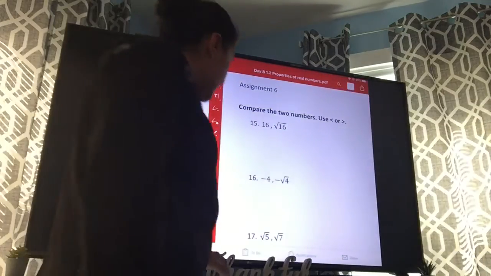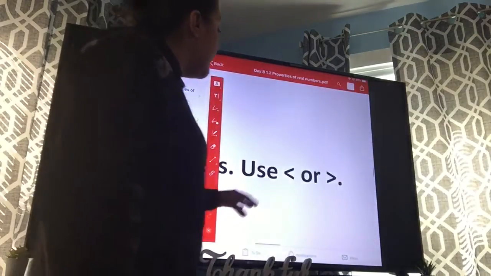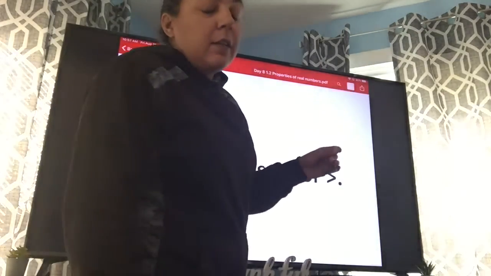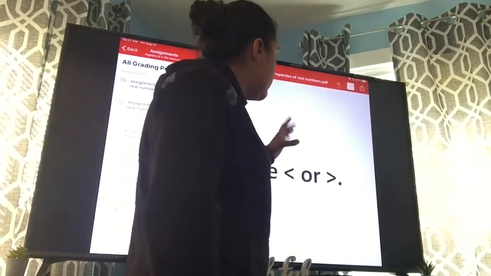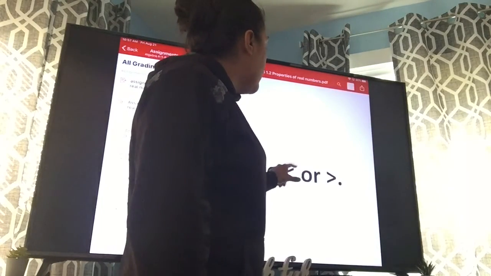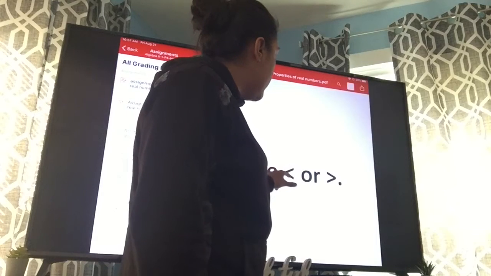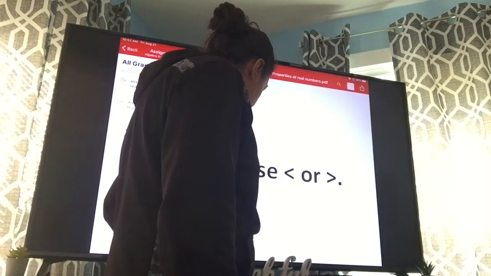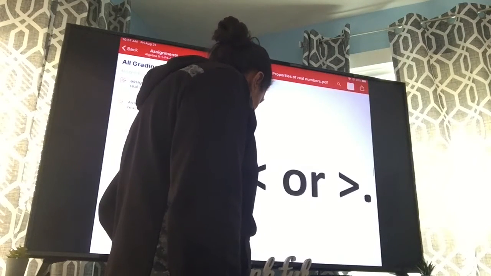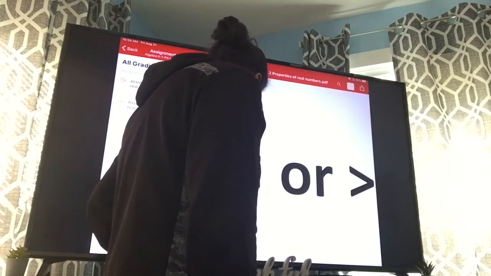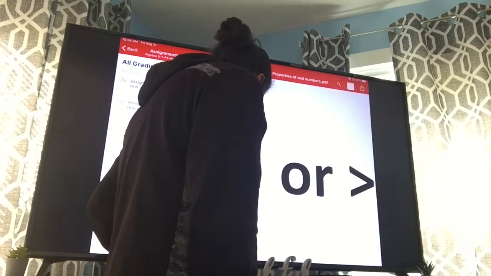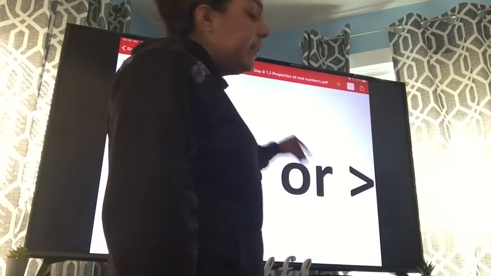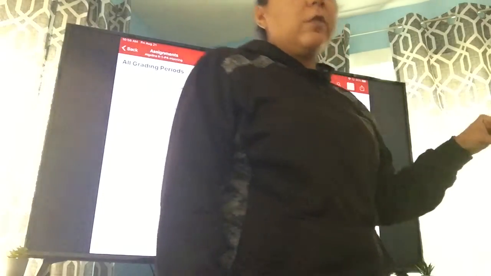For those of you that don't know the symbols, this might sound stupid, but in school they talked about the alligator mouth. Whatever way the mouth of the alligator faces, he's eating the bigger number, so that's which way it should face.